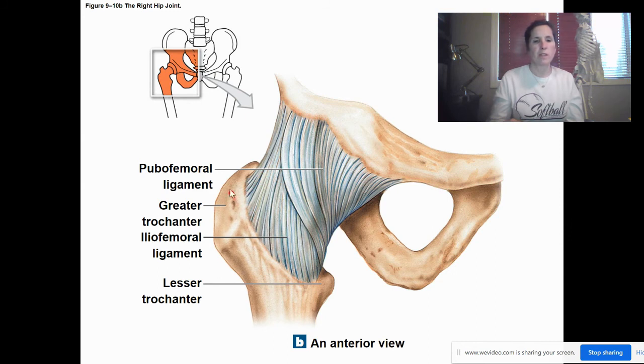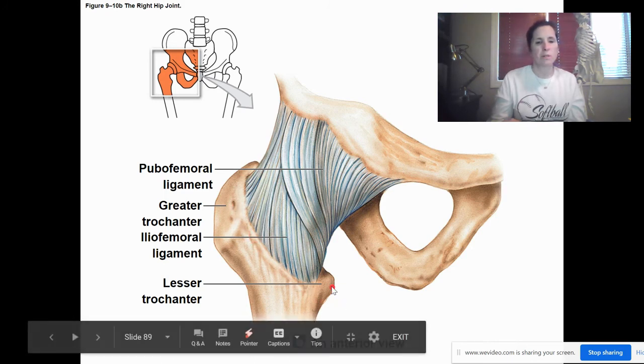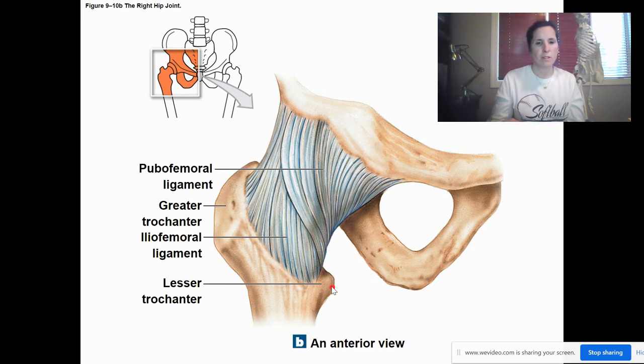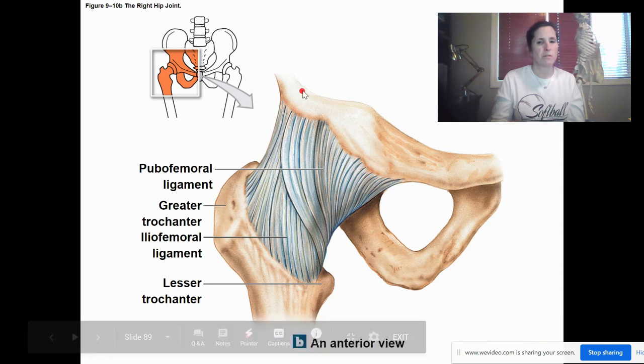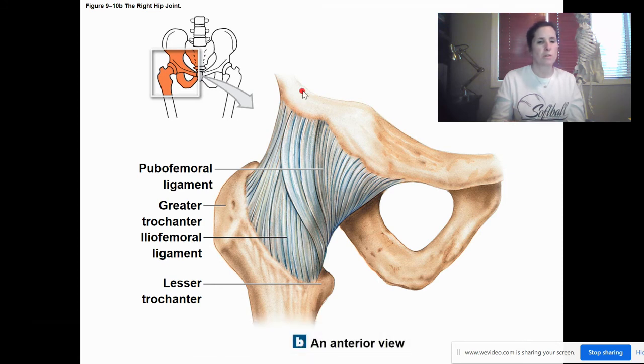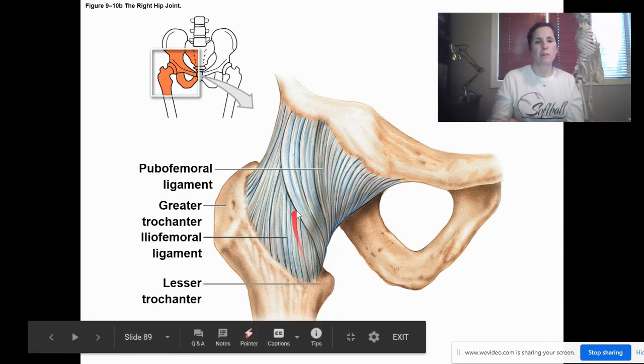Just to point out a couple things, here we are on the femur. This is your greater trochanter. This is your lesser trochanter. So this is the iliofemoral. If you follow it, it is going from the ilium to the femur. And then here, it's going to kind of go under, but this is the pubofemoral.